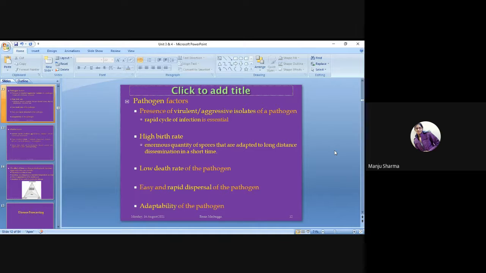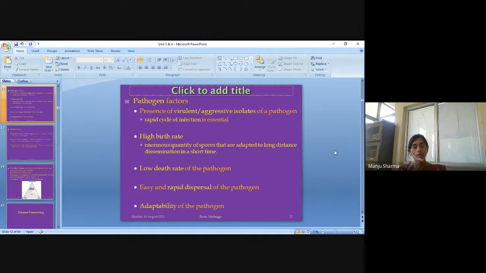Then a low death rate of the pathogen, easy and rapid dispersal of the pathogen, and ultimately adaptability of the pathogen. So these are all the pathogen factors.